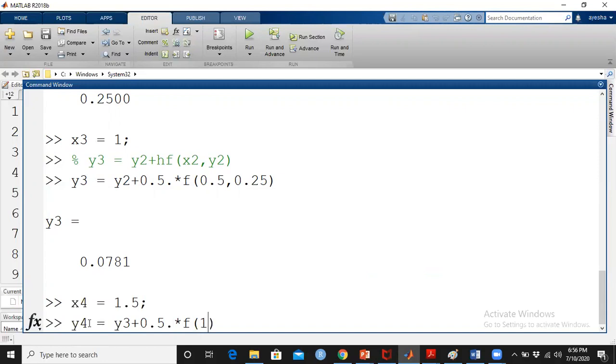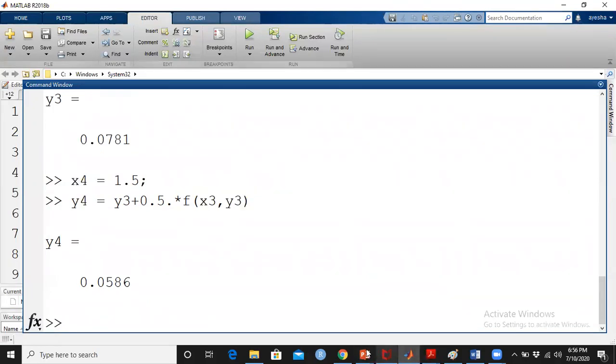What is x3? 1. What is y3? It is given to you here, 0.0781. So it is up to you if you write y3 directly or you write the value, does not matter. So let us this time do it this way, f of x3 and y3.